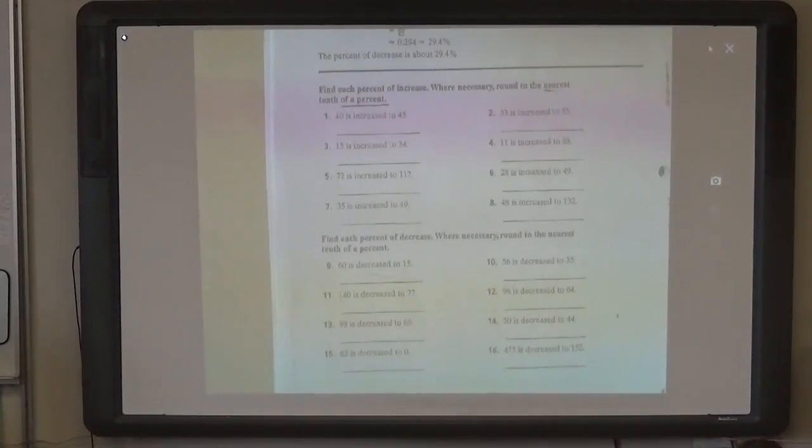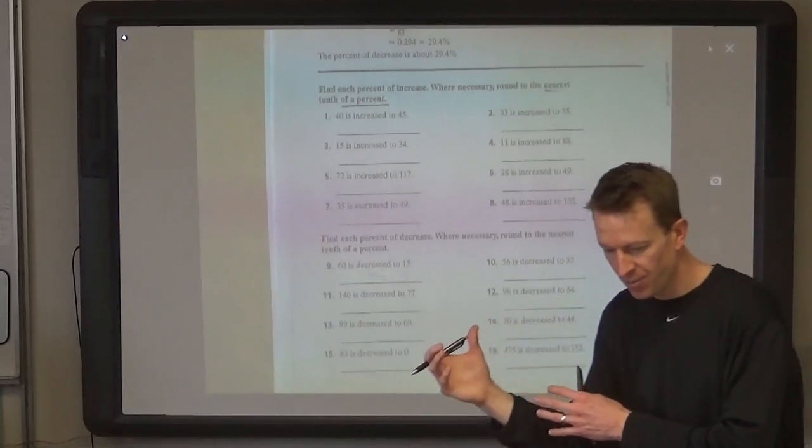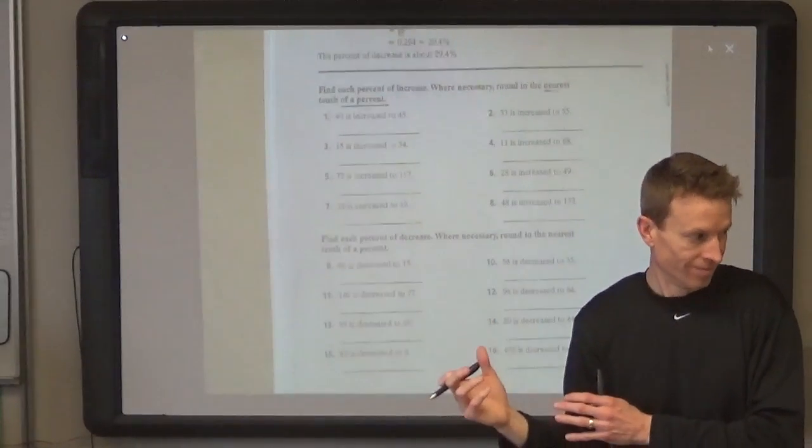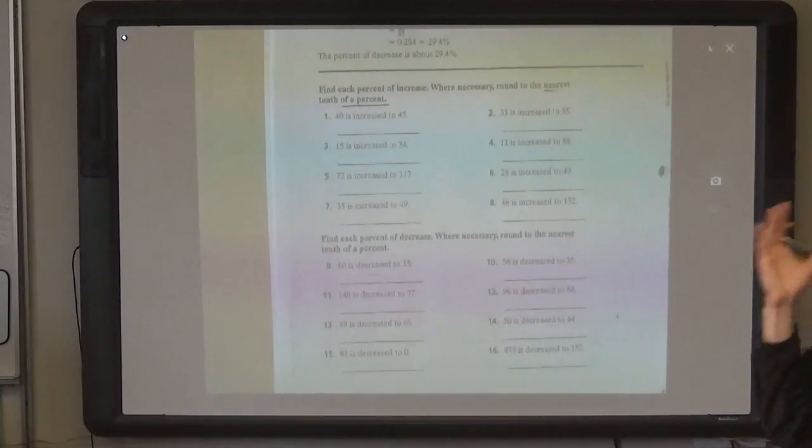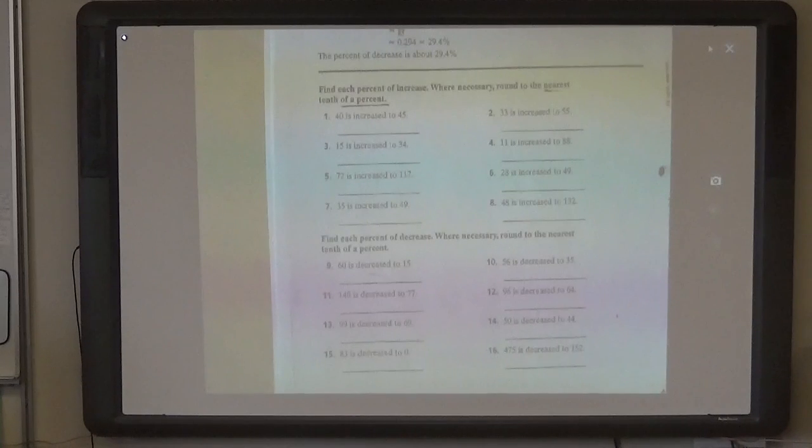So, if we have the decimal, should we round the decimal? Or should we wait and round the percent? Should we convert it to a percent and then round it? Yes, because it's 10th of a percent.